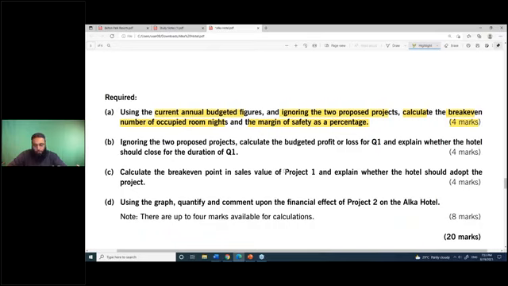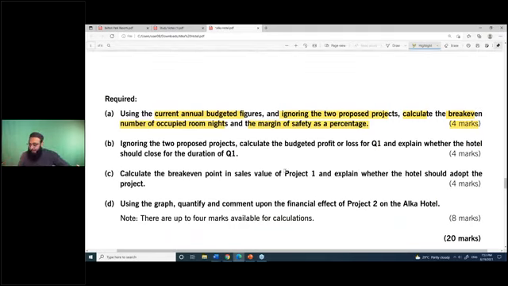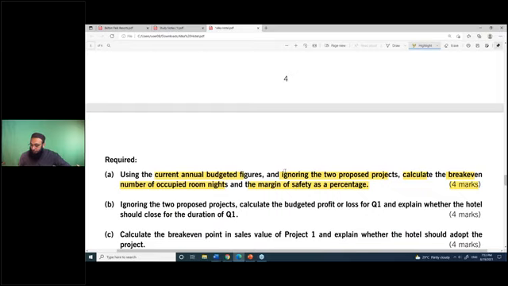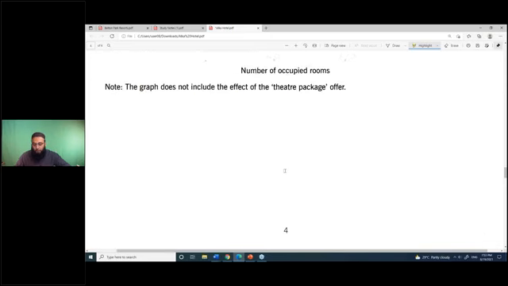So this is ignoring the two projects. So definitely I'll ignore the two projects here and do the calculations, and we'll see how to do the calculation. Not very difficult, to be honest. It's straightforward. You just have to keep the basics in your mind and you can easily perform the calculations.